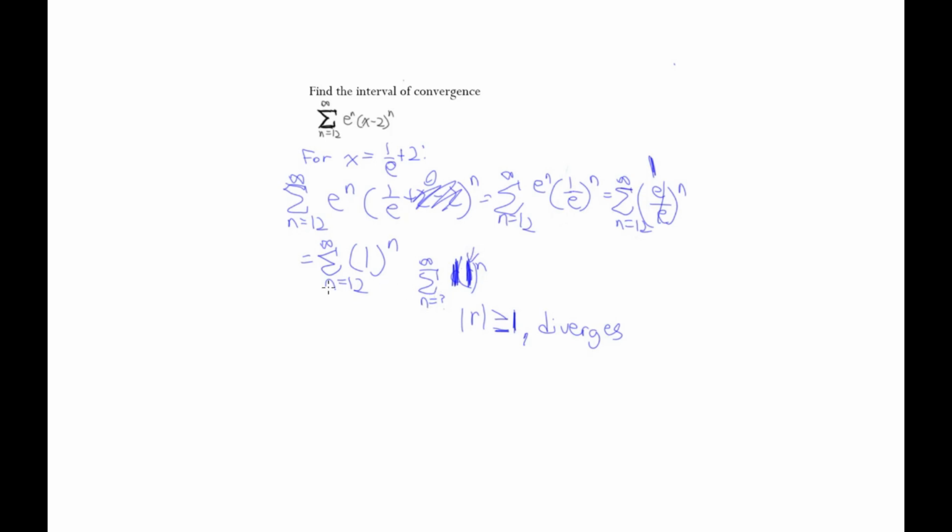So therefore, this whole series diverges by the infinite geometric series test. Okay, so x is not equal to 1 over e plus 2.